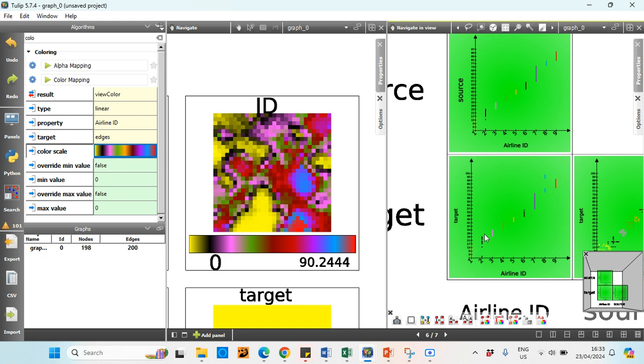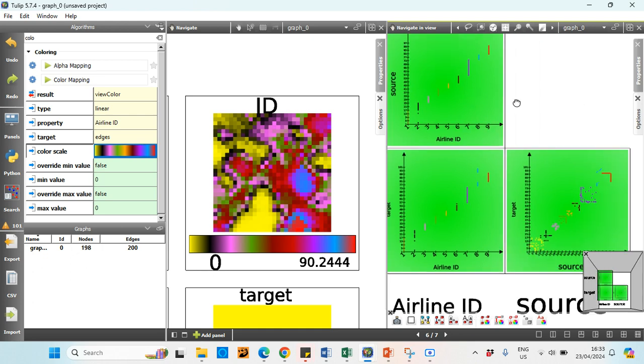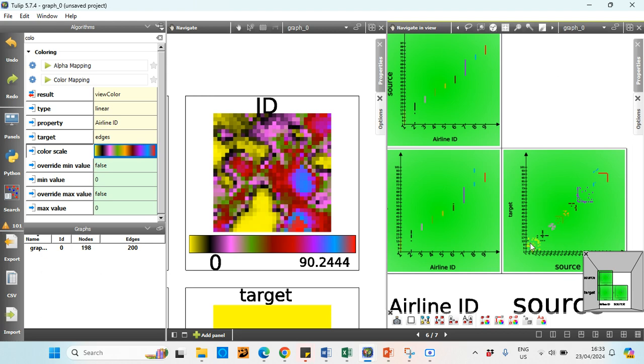So airline 1 takes off from basically more of these airports, and then airline 2, which is 2G, is more in these airports. Same for the source. But now here it talks about the target, the distribution between the target and the source.